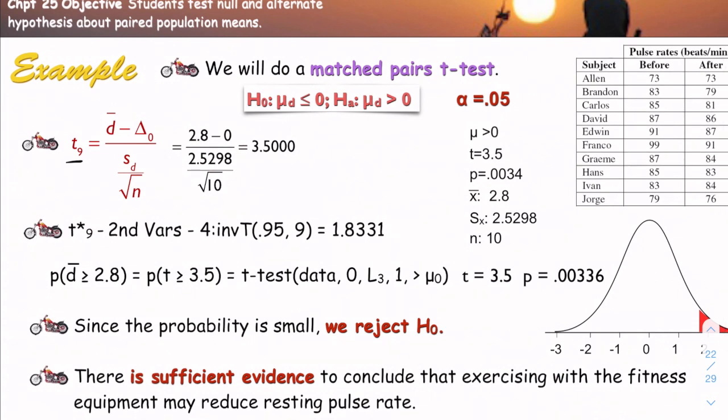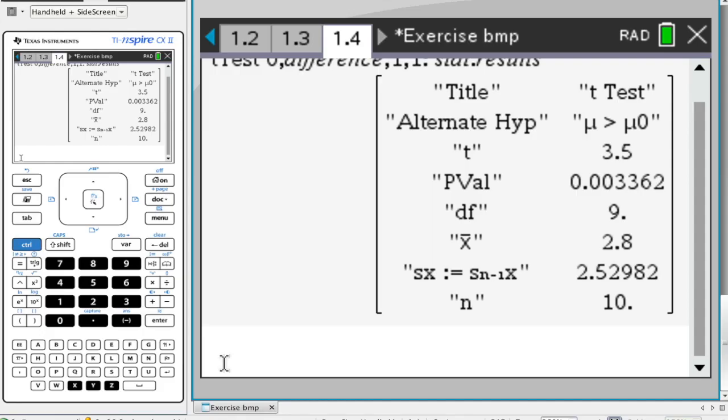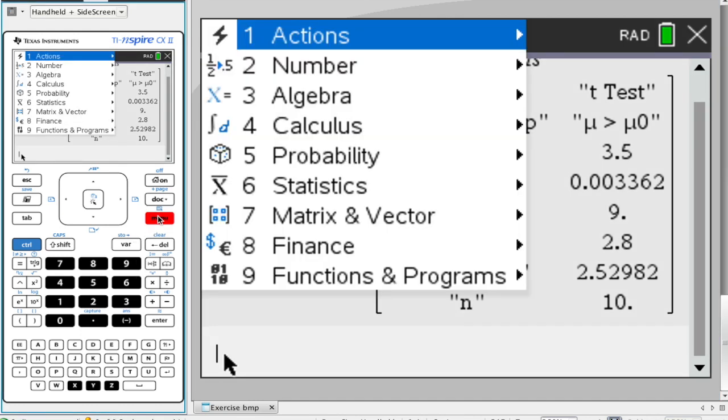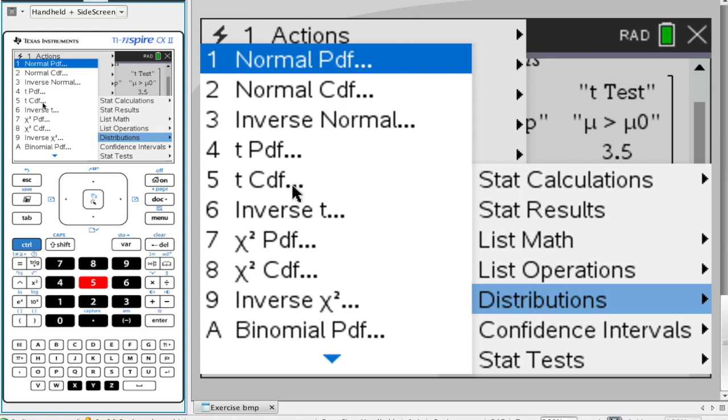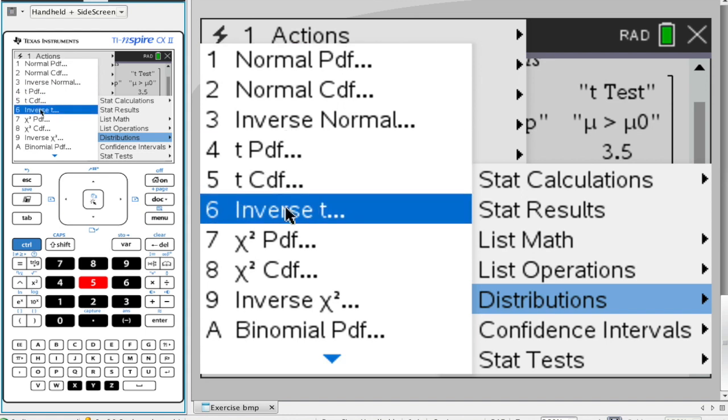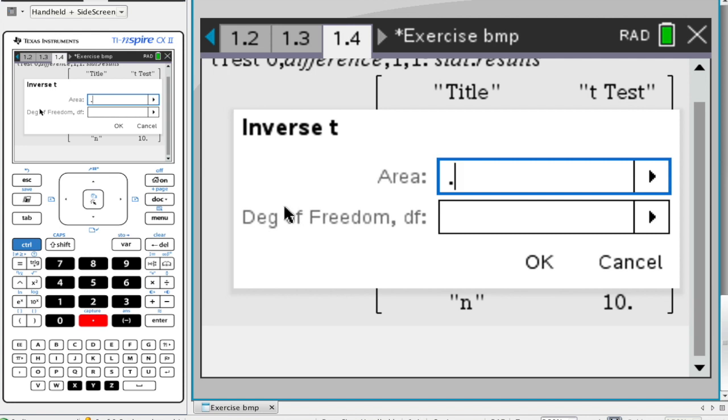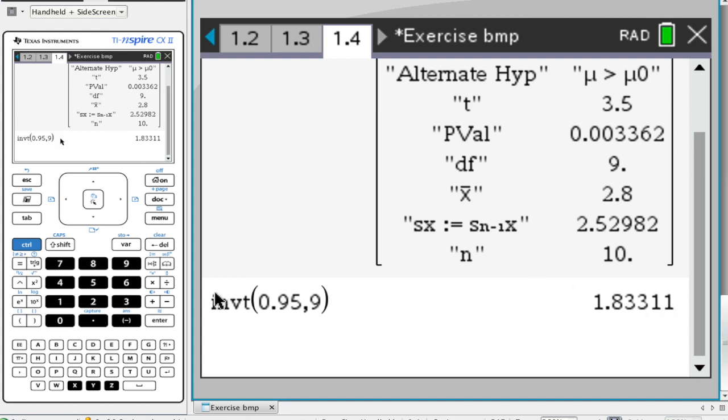If we want to know how we're comparing t to our critical value, we look at a t critical value with 9 degrees of freedom. So we hit Menu, Stats, Distributions, Inverse t. We're looking at a one-sided test, so our area is 0.95, comma, 9 for our degrees of freedom, and we get 1.8331.